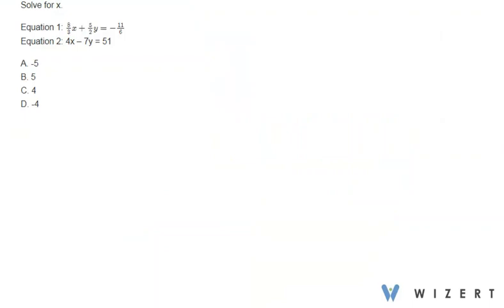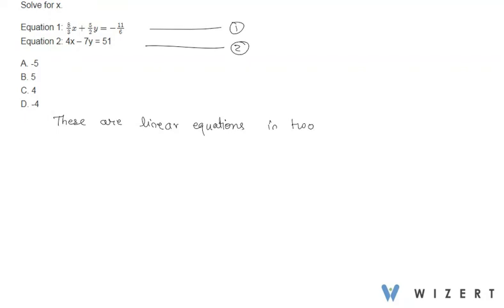We have this question here, solve for x. Equation 1 is given, equation 2 is given. So let's name them. In order to solve them, these are linear equations in two variables.